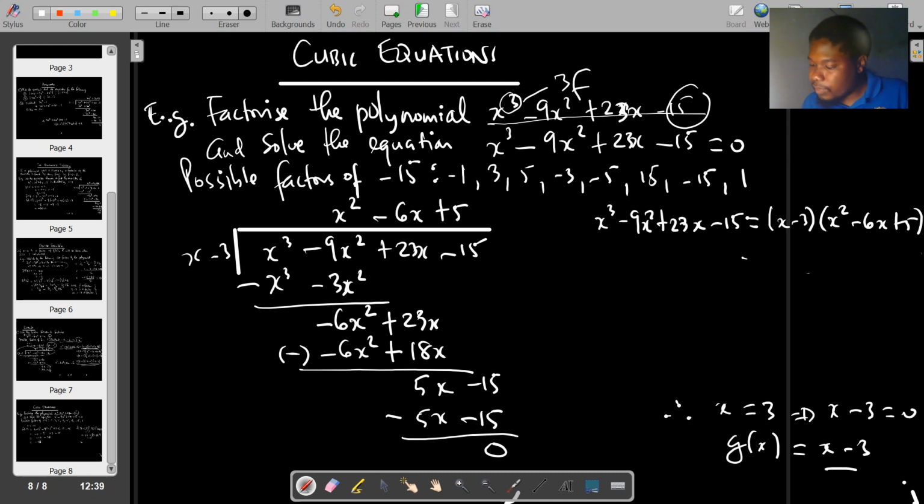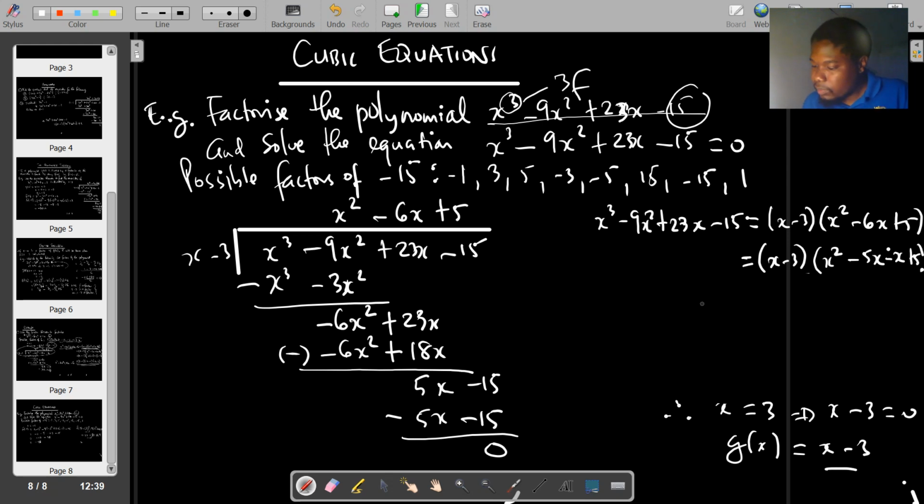So remember, we can factorize the quotient. x squared, the factors can be 5 and 1, okay, so that will be x squared minus 5x minus x plus 5.